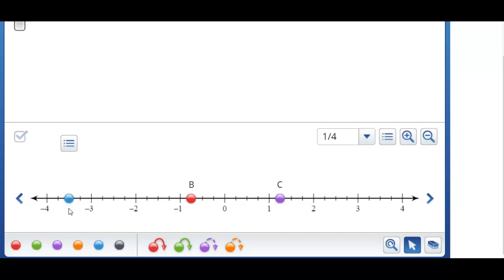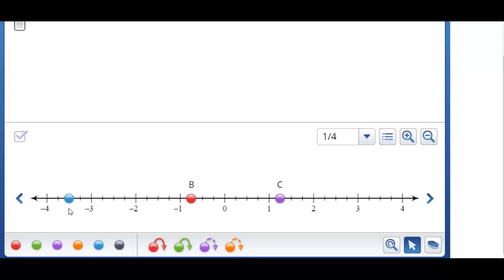I want you to give me the decimal form, the fraction, and then write the opposite. Would you like to do one of them together first? Give me a shake of your head, yes or no. I see majority yeses. So let's go over A. A is this blue dot here.